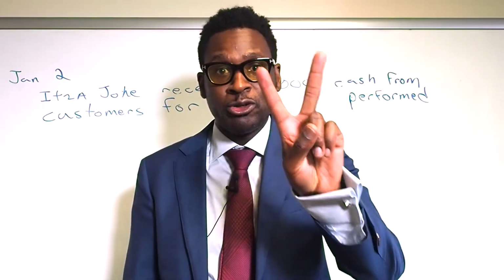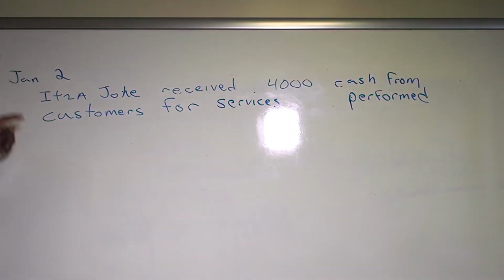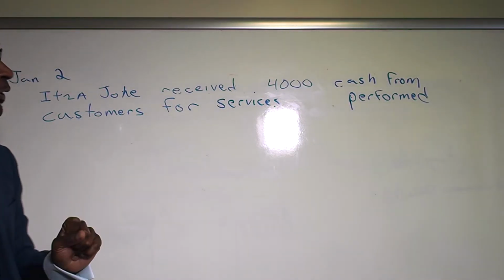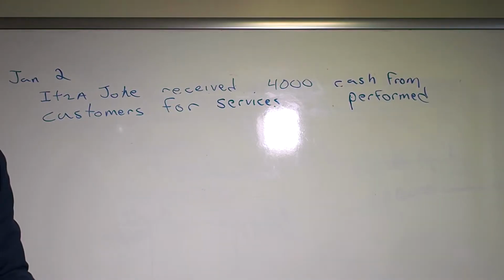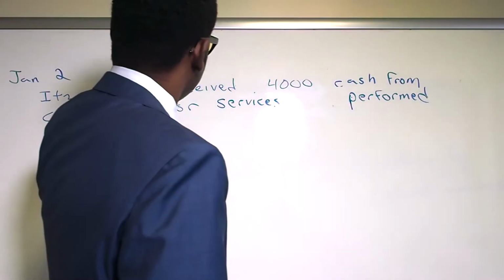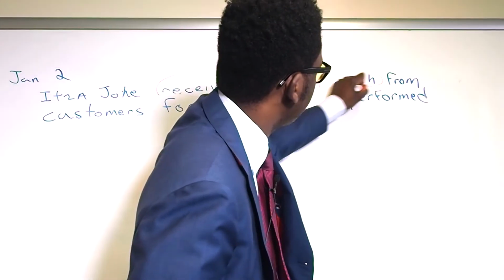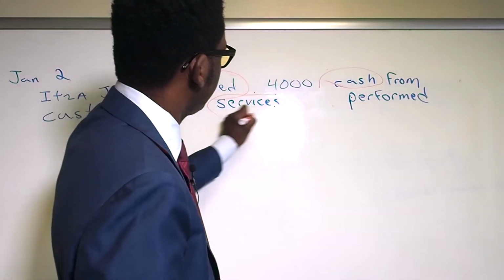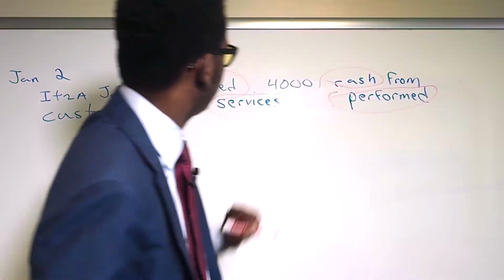Transaction number 2. It's a Joke received $4,000 cash from customers for services performed. As always, first things first, gang, we are going to identify the keywords. What are the keywords? Received cash and services performed, right?